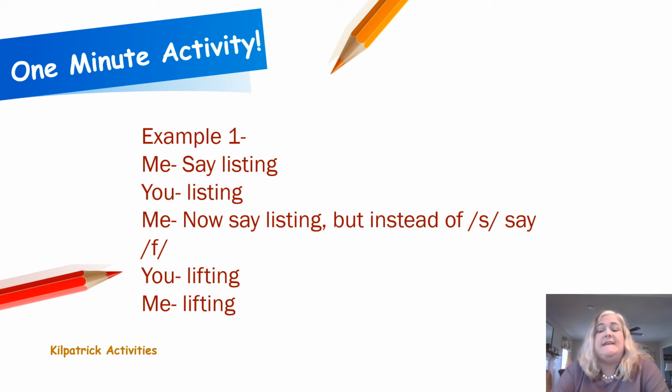Boys and girls, it's time for our one-minute Kilpatrick activity. And for today, we're going to be practicing changing a consonant and see how that can change the word altogether. Here's an example. I'm going to say listing.